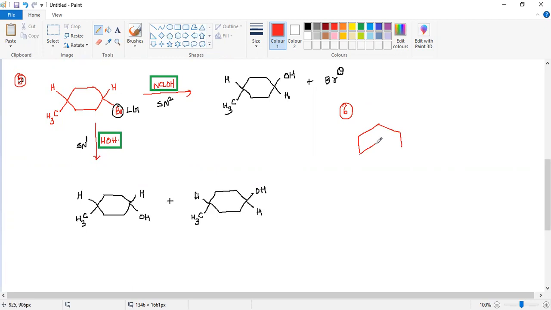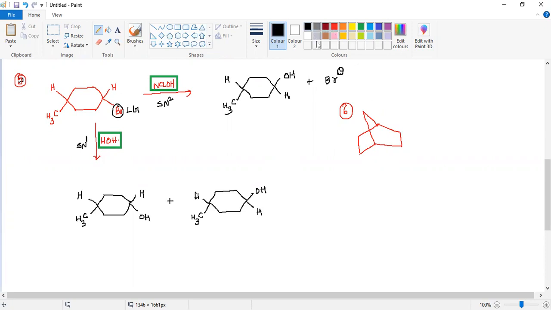What type of compounds? Bicyclo compounds, like this. This is one of the bicyclo compounds. So could you guess what is the IUPAC name of this compound? Bicyclo, and 2, 2, 1 should be written in the bracket.